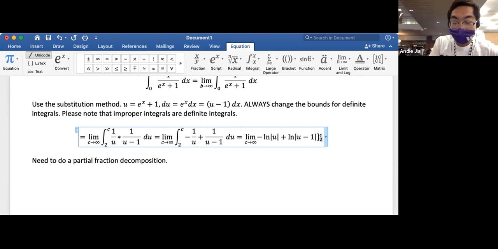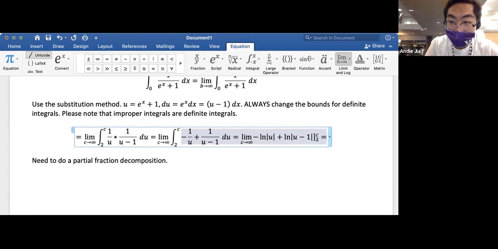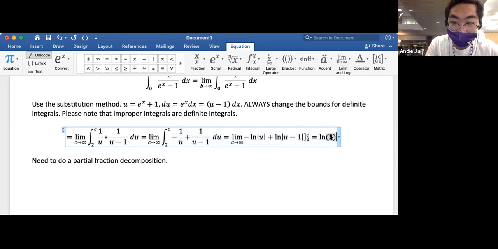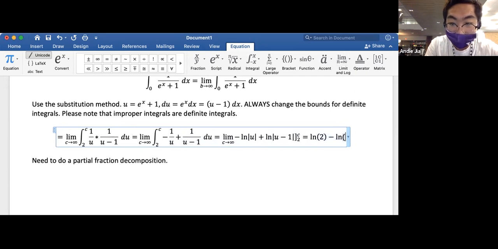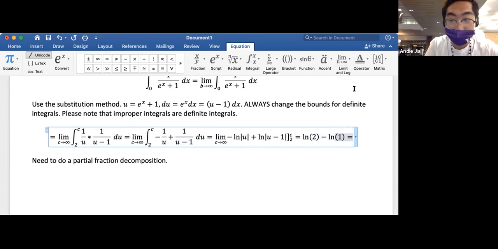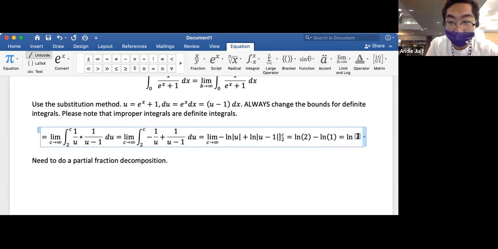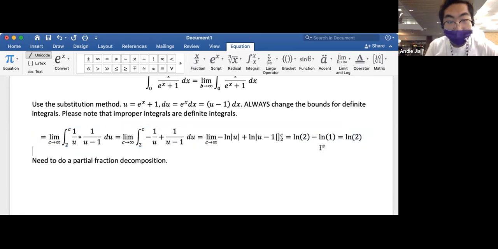Just evaluate the integral. For this we get a natural log of 2 minus natural log of 1. So it's the natural log of 2.